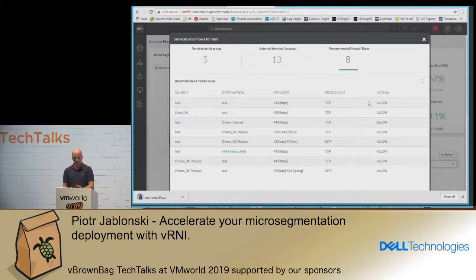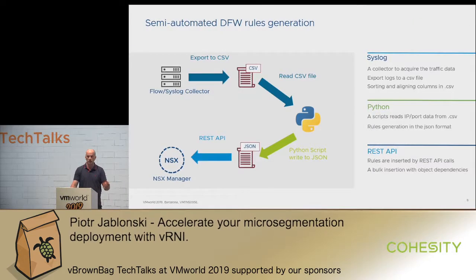The next important stage is not implemented inside the vRNI, and you need to use some additional automated tool, which can be done via scripting. For my customer, I used a Python script, which translated the CSV file entries, the recommended firewall entries, to JSON format.